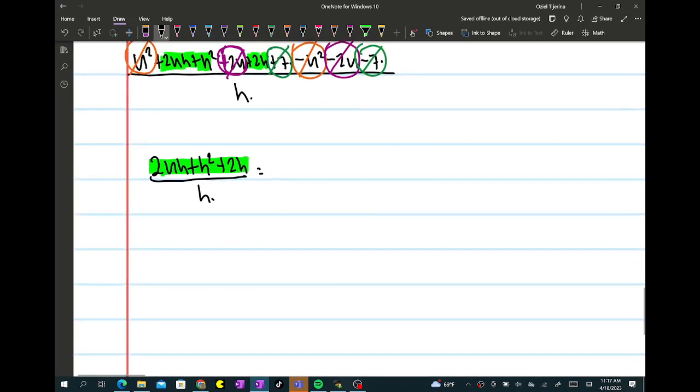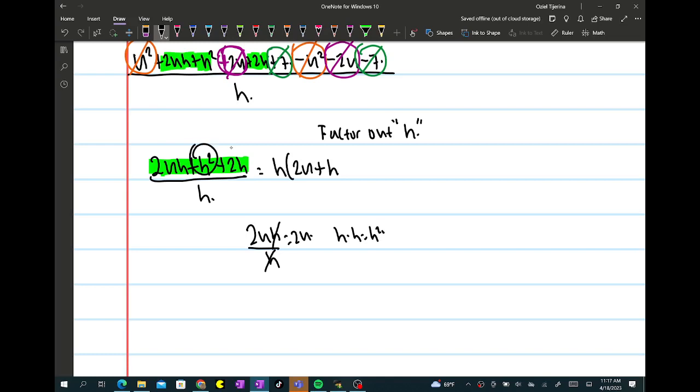So now the last thing you're going to do is factor out h. So we know there's an h in common here. We can take it out. So h times 2u gives me 2uh, because 2uh over h, this cancels out, this is 2u. And then plus h, right? Because h times h is h squared, which is this part.